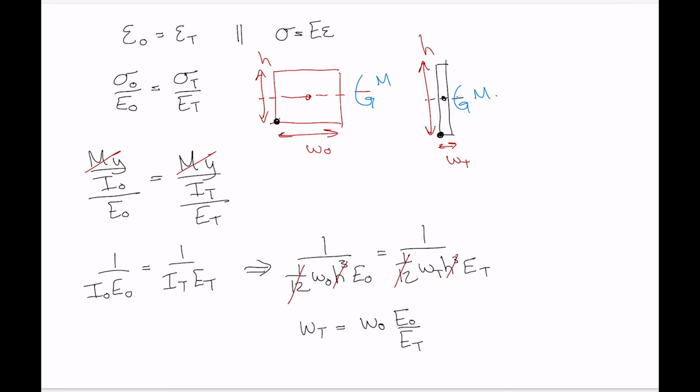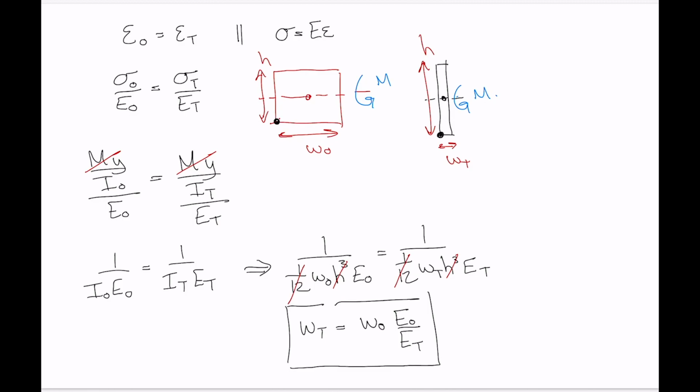All we have to do is take the original width and multiply it by the ratio of the moduli of elasticity of those two different materials, and we'll get an equivalent width for a beam that would deform in the same way when loaded. So that enables us to do stress calculations. If we can produce an equivalent beam made out of one material, we can calculate its modulus of elasticity and we can calculate stress.